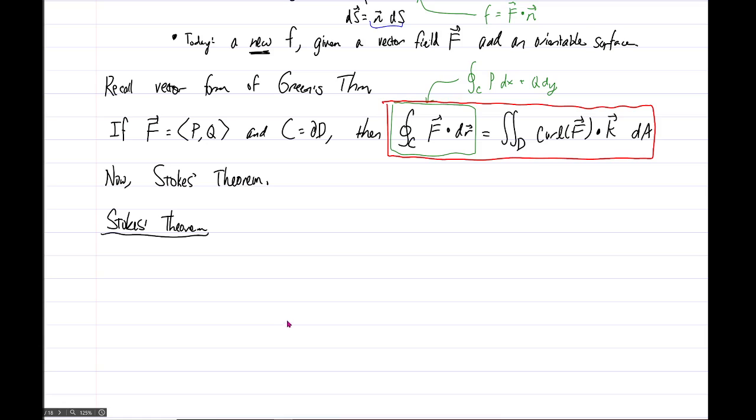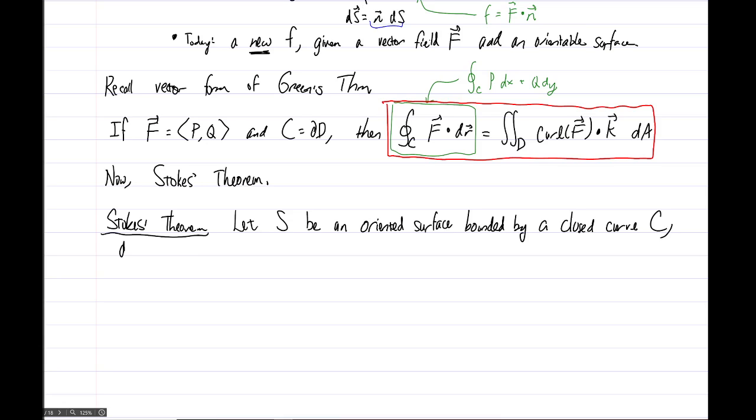So what does it state? Let capital S be an oriented surface bounded by a closed curve, capital C, and this will be denoted C is equal to the boundary of S. Look at how similar that is to C is equal to the boundary of D. Now, C should have what's called positive orientation.